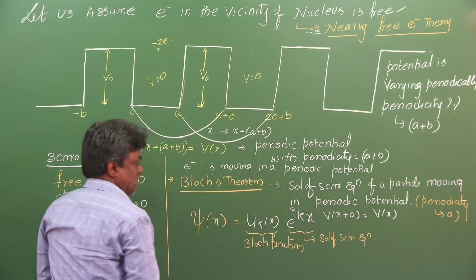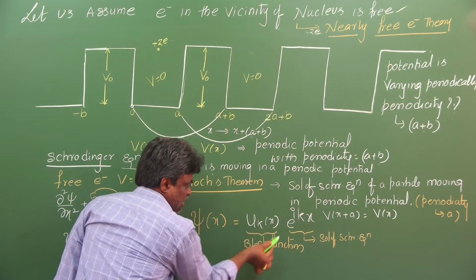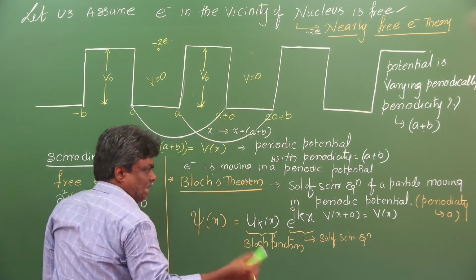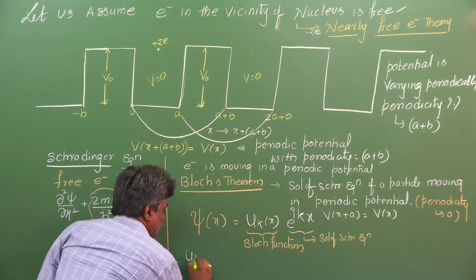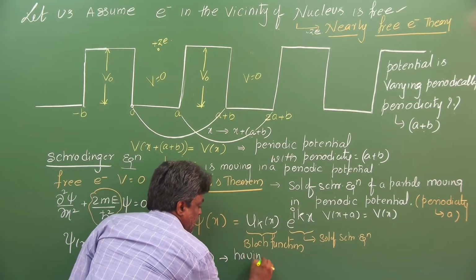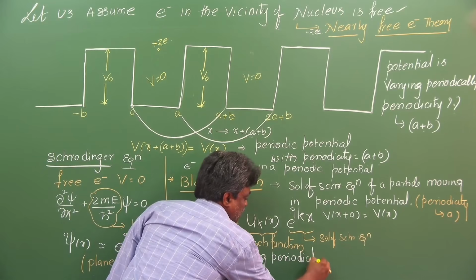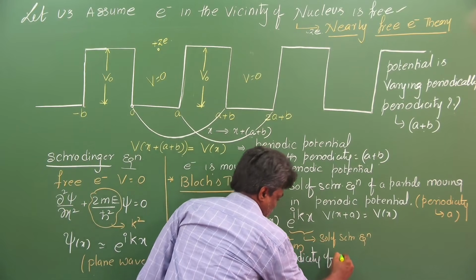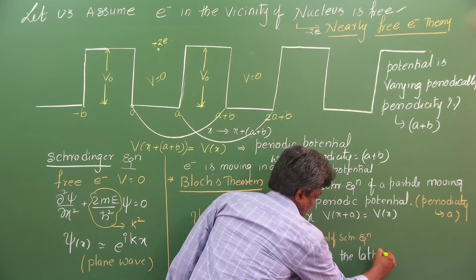Listen carefully. So ψ of x equal to uk of x into e raised to i k x. Now this Bloch function uk of x having periodicity of the lattice or potential.